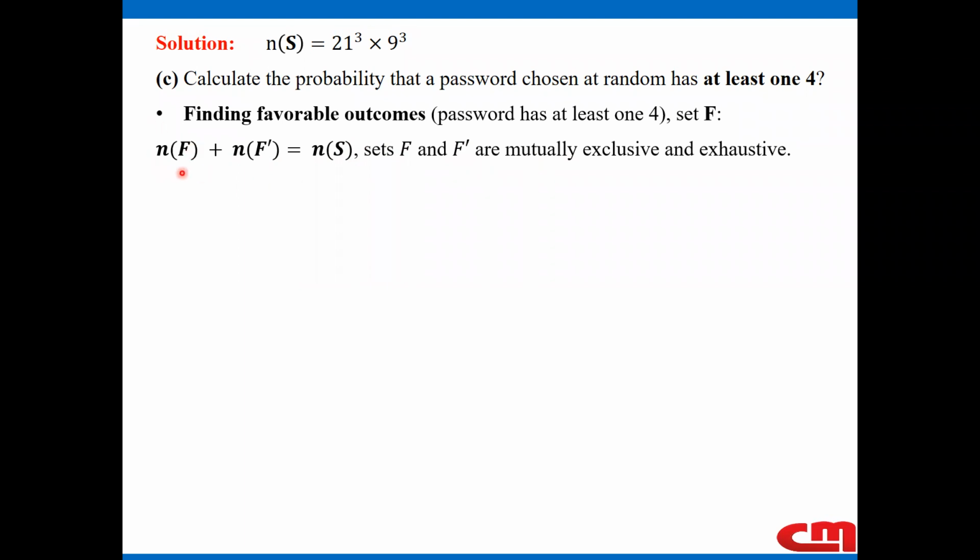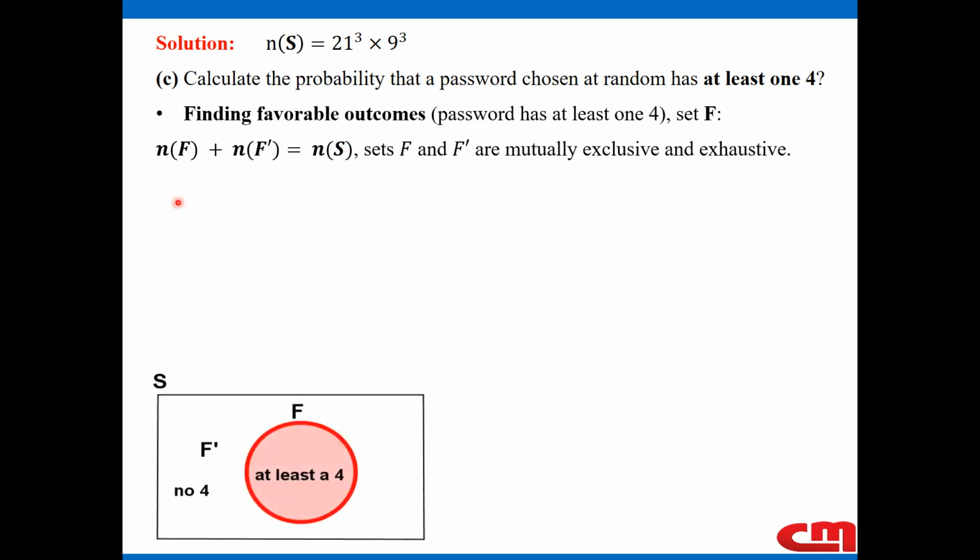That means the number of elements in F plus the number of elements not in F will give me the sample space. Right, in this Venn diagram, I'm trying to present this situation. This is the sample space. This is the set F with elements, at least a 4 is present in the password that we are going to have, right?